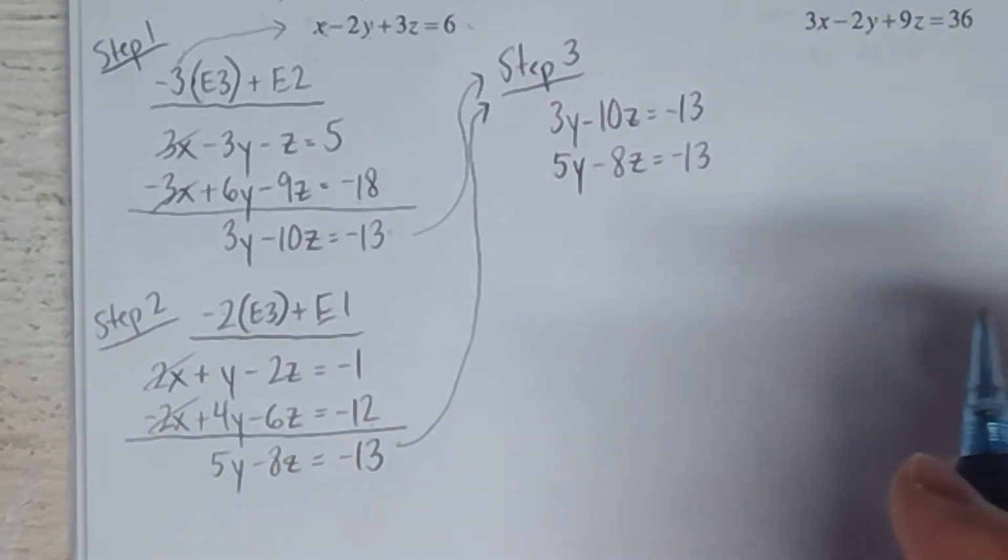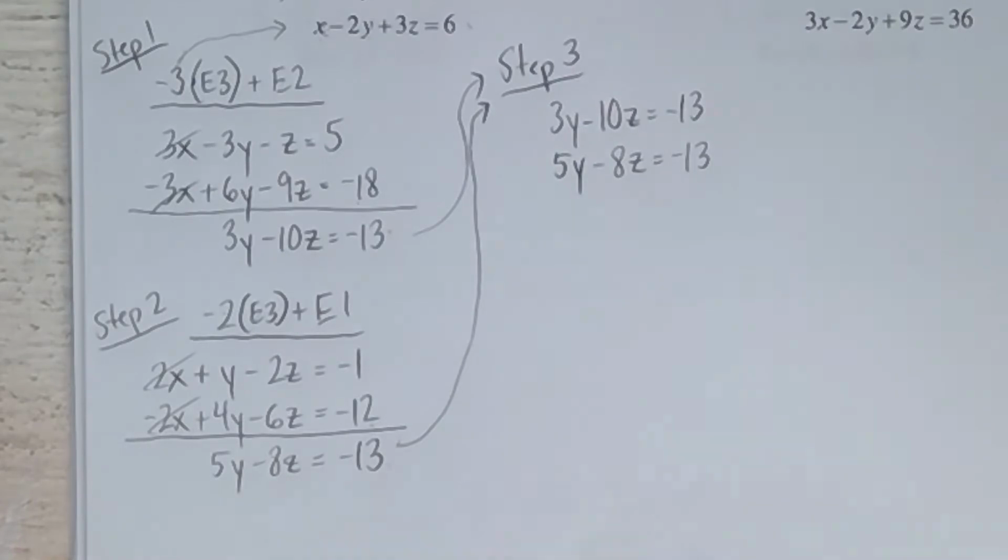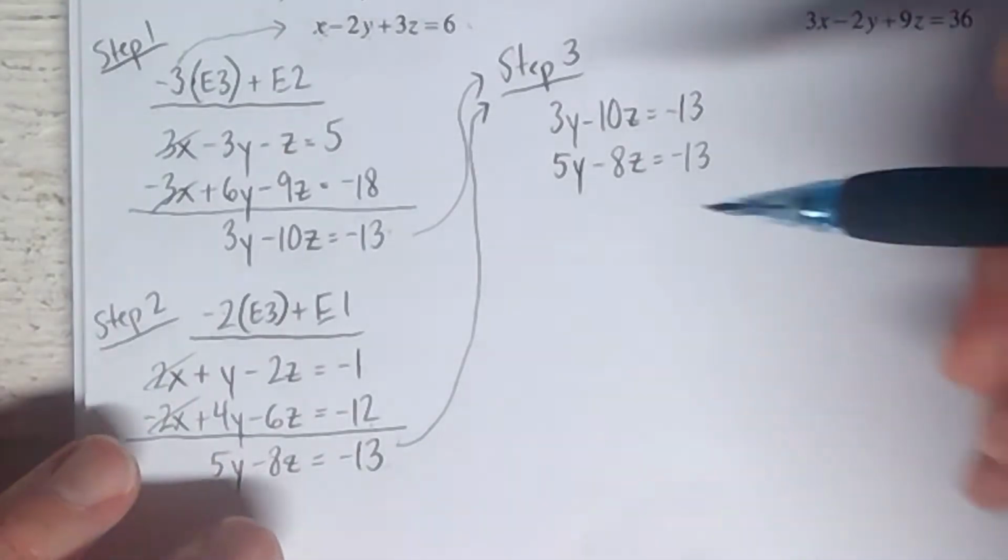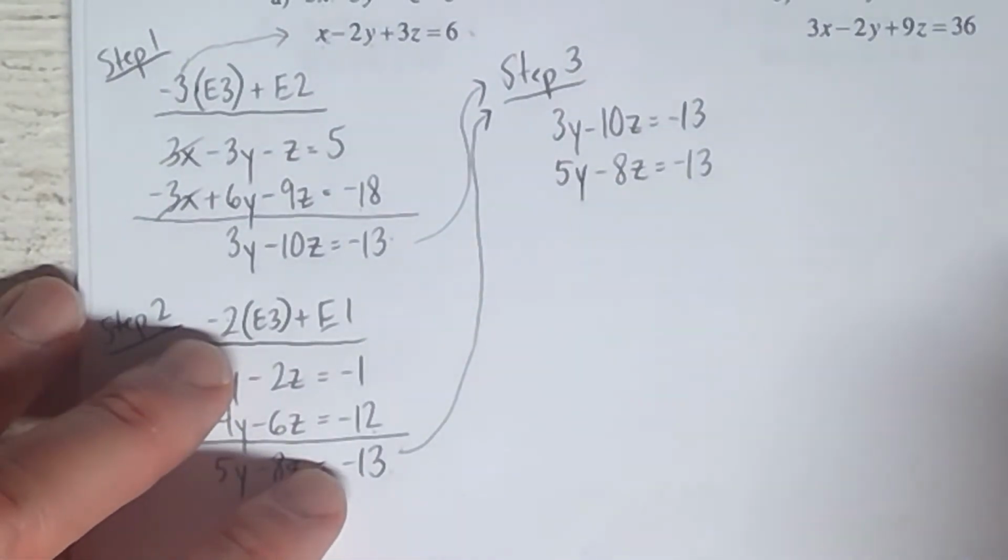And so what do we do with that? Well, step 3 tells us to take those two resulting equations right there and actually solve them using the 3.1 method. So let's go ahead and do that.